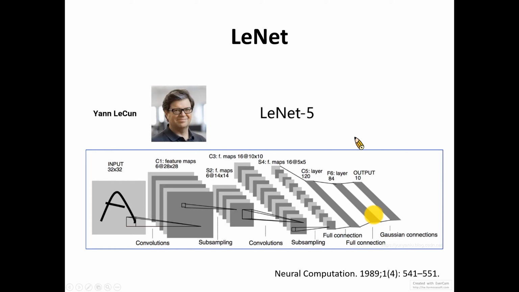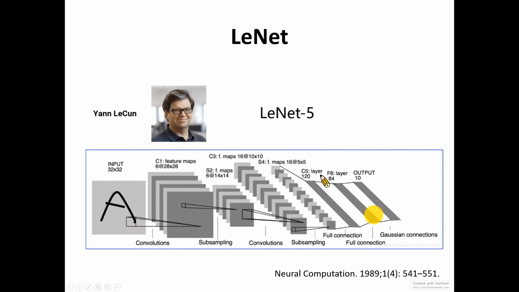So we really need a new method, and that method came in 1989, developed by Yann LeCun. LeCun is a very talented computer scientist, and he developed a new model of neural network, which was called LeNet at that time. If you examine this network, you will find that the later part of it is consistent with a deep neural network.